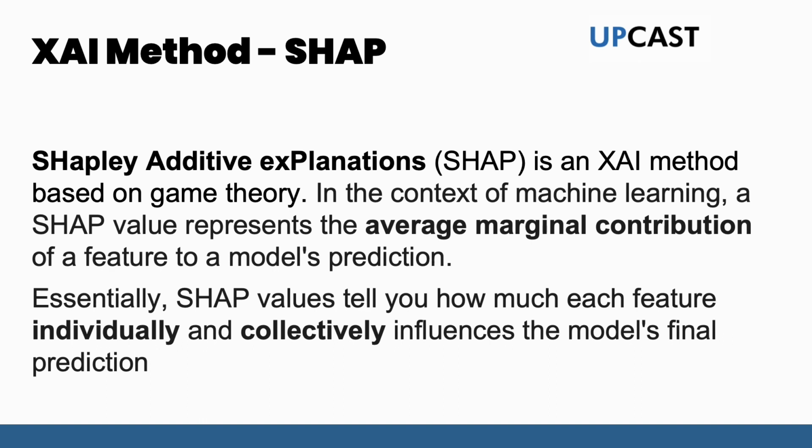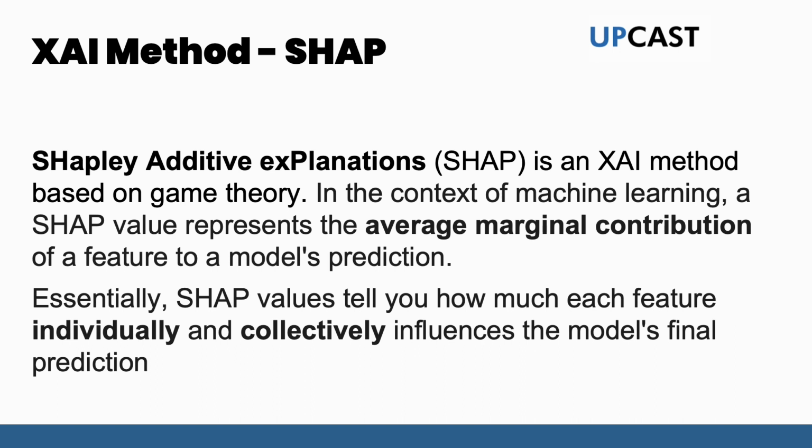Average considers the contribution across all possible combinations of features, not just in isolation. Marginal focuses on the change in the prediction when that specific feature is included compared to when it's absent. And with respect to contribution, this change can be positive, which leads to an increased prediction of price, or negative, that can explain the decreased prediction in price, with the magnitude indicating the strength of the effect.